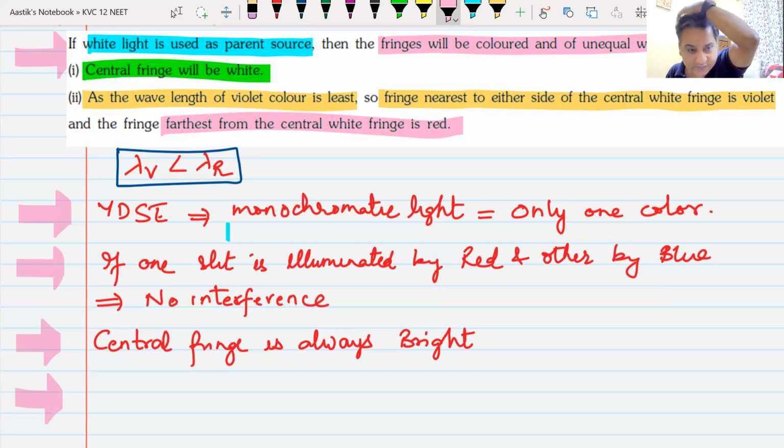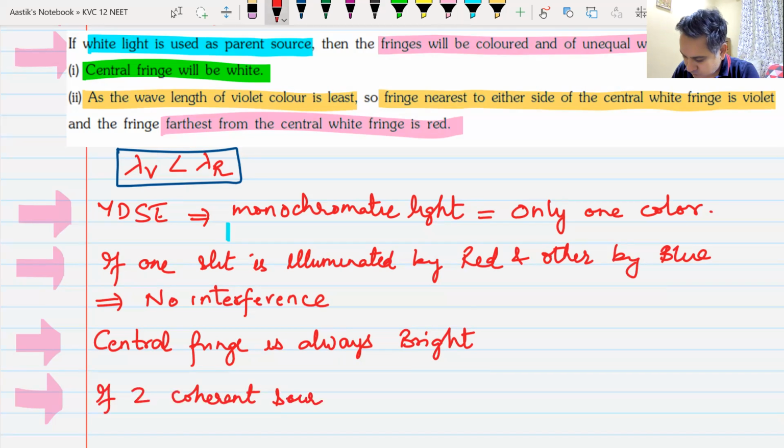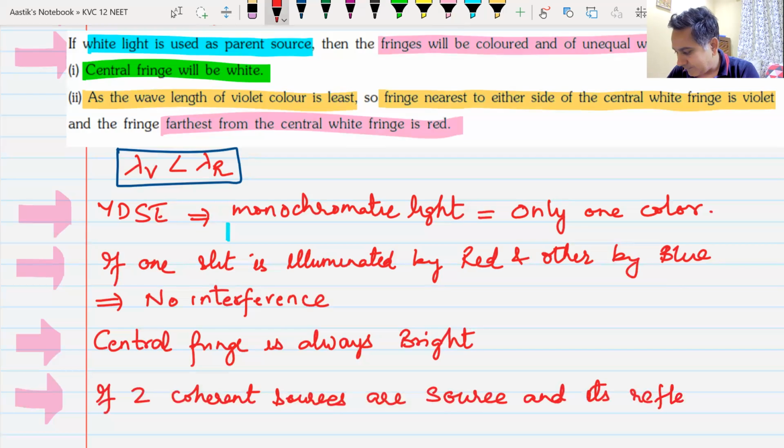One of these is if the two coherent sources are produced differently. One coherent source is the source of light itself, and the other is its reflected image.